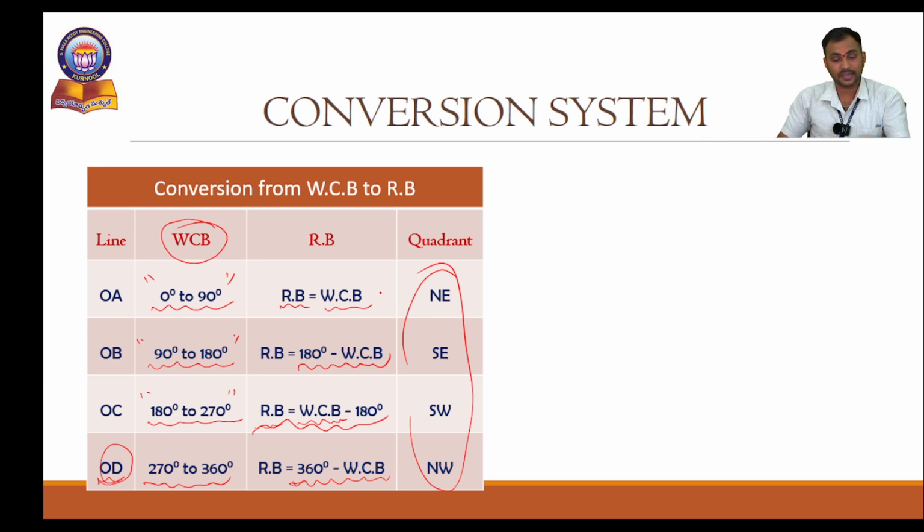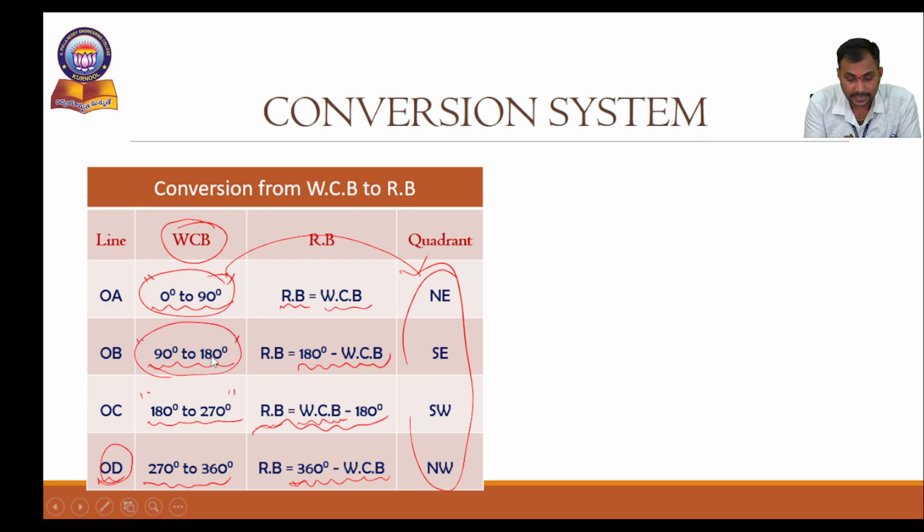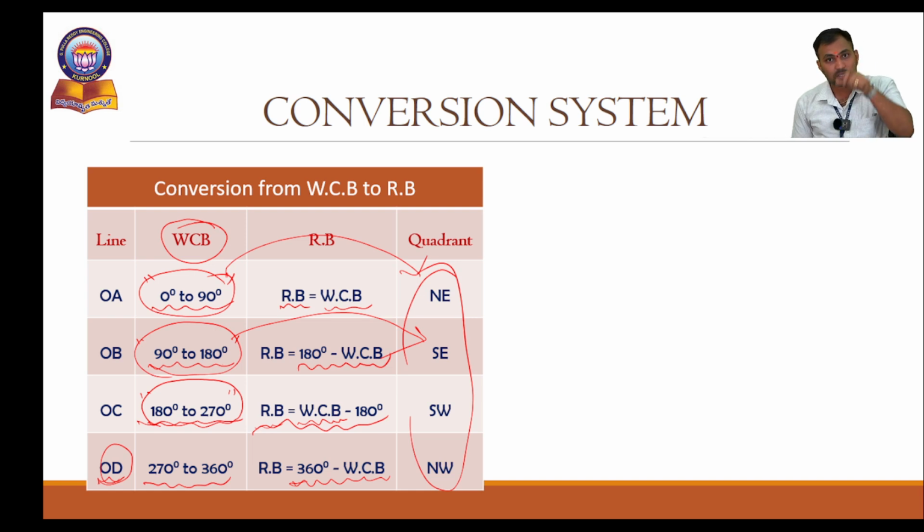If it is 0 to 90 degrees, it is the northeast direction. If the value is in between 90 to 180 degrees, then it is the southeast direction. When the degrees are in 180 degrees to 270 degrees, it is in the southwest direction.